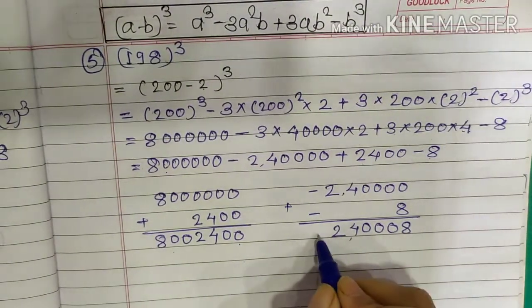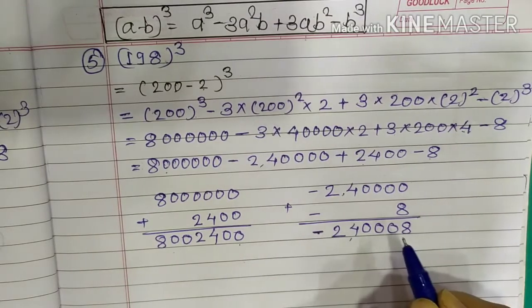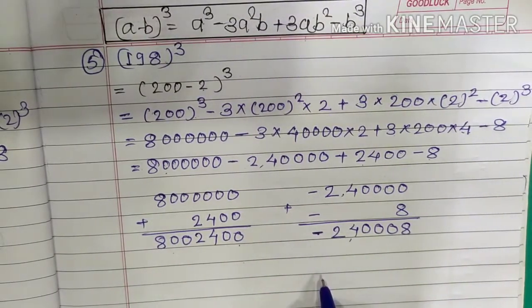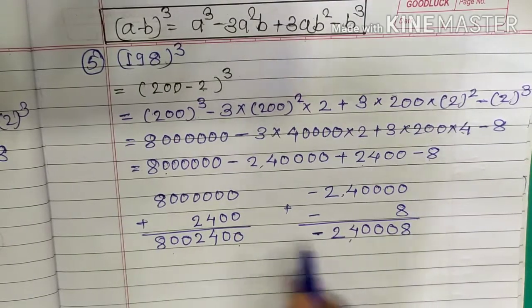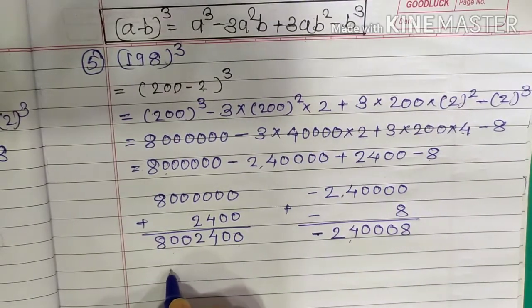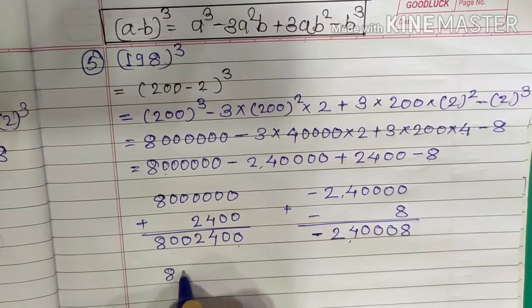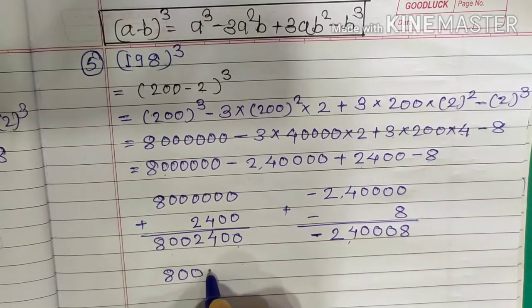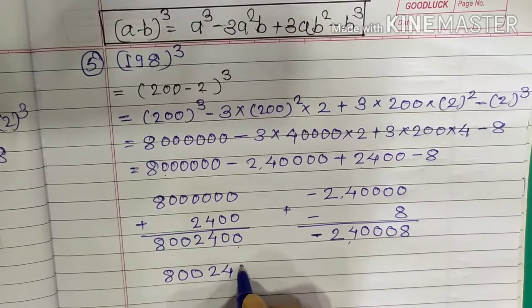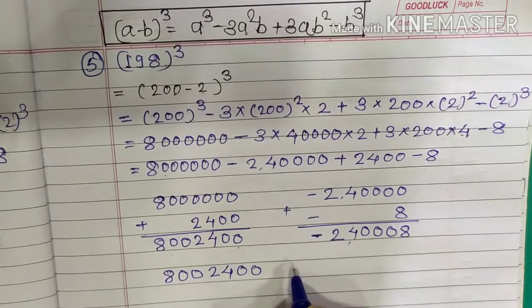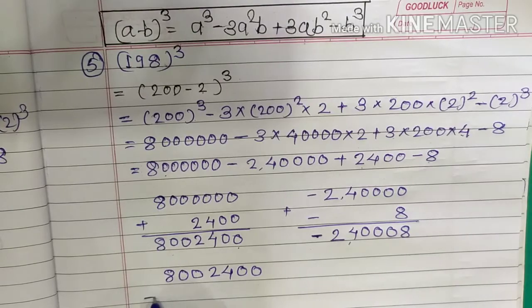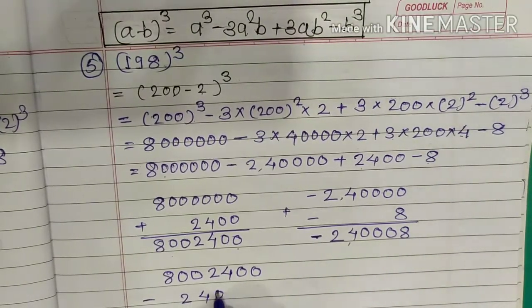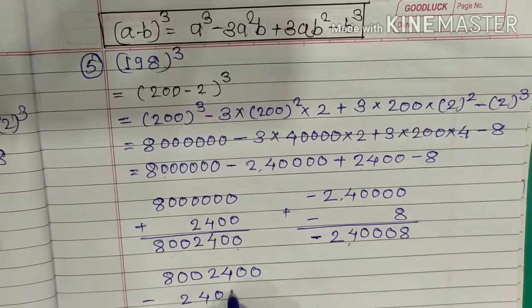Then this gets sign minus. So make the subtraction of these two numbers. Here 80 lakh 2,400 minus 2,40,008.